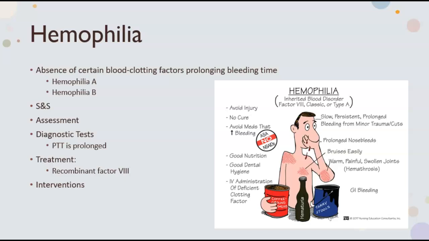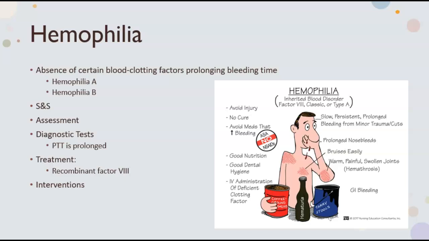Treatments will be transfusions and administration of factor 8 or 9. So there's different kinds of treatments, really 3 that we'll talk about. So the first one is cryoprecipitate, which is factor 8.